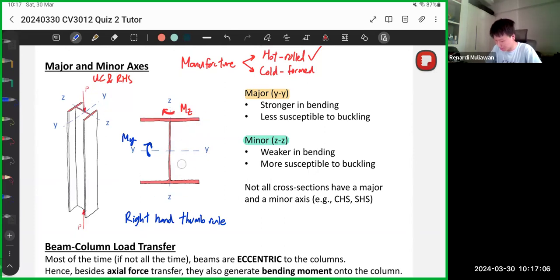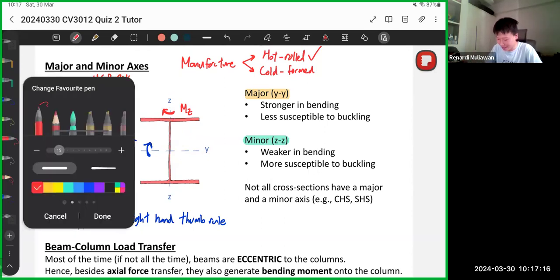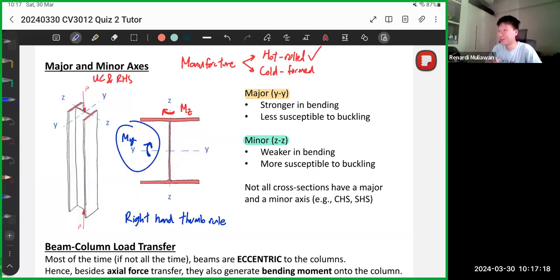ZZ, you follow the web. You'll get used to it after a while. And even intuitively, MY is stronger than MZ. This shape is stronger this way, rotating it that way.